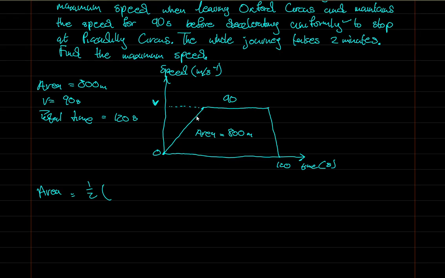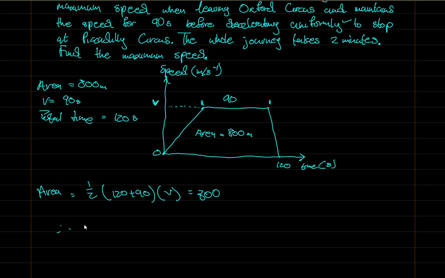The duration between there and there is 9 seconds. So it's half of 120 plus 9, which are the two parallel sides, multiplied by the distance between those two, which is this V that we are looking for, is equal to 800.